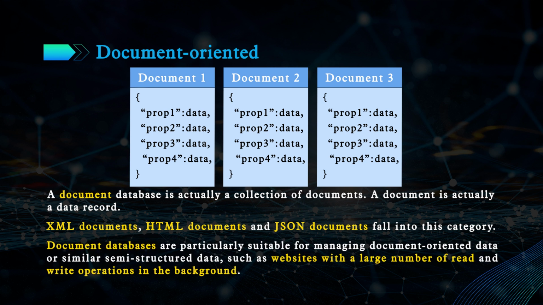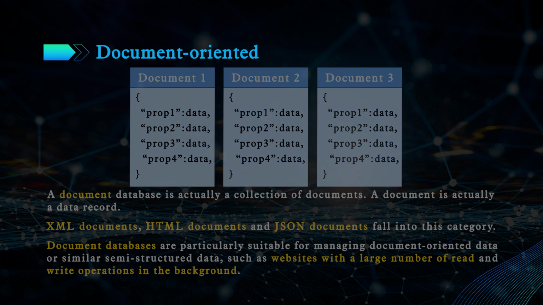Document databases are particularly suitable for managing document-oriented data or similar semi-structured data, such as websites with many read and write operations in the background, and applications that use JSON data structures or nested structures and non-standardized data.